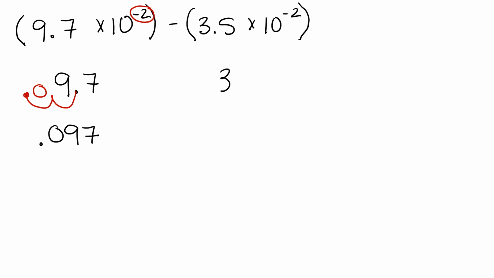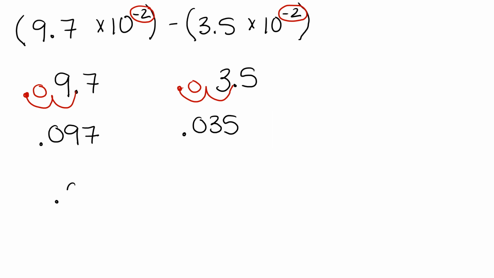We're going to do the same thing for the 3.5. Again, we move the decimal 2 times. 1, 2. Just like before, we move it towards the front because negative exponents are representative of small numbers, and small numbers have the zeros in front. So we get an answer of 0.035.